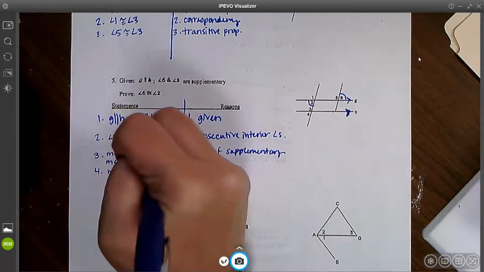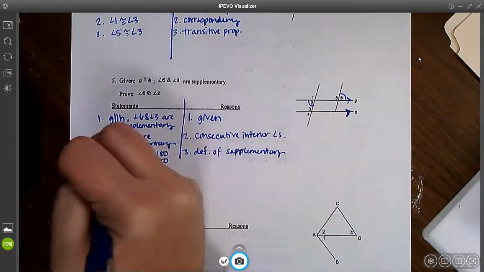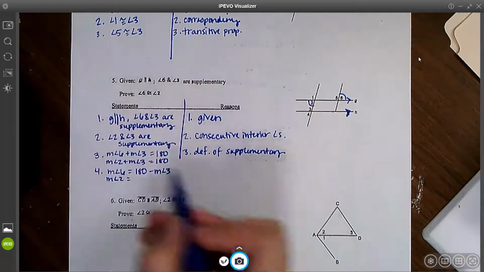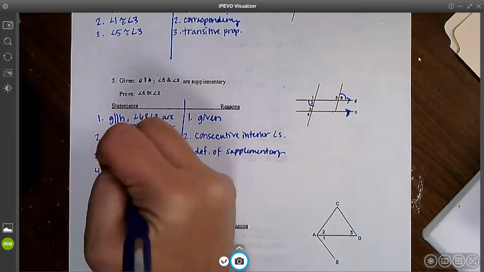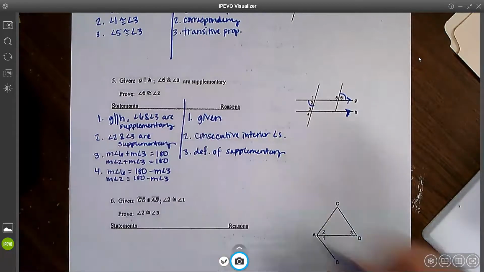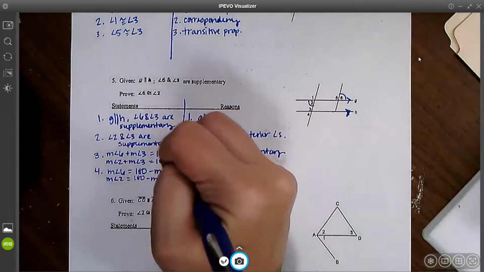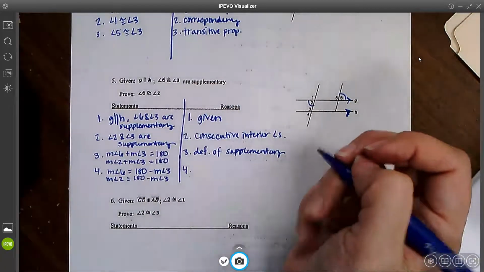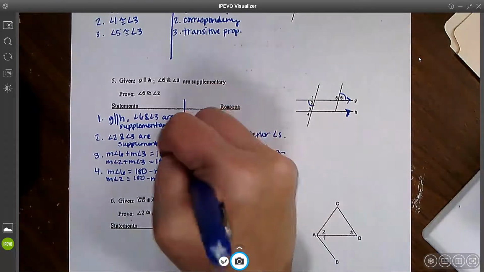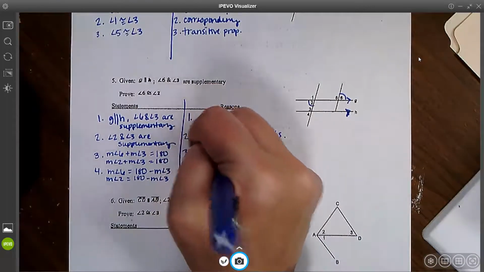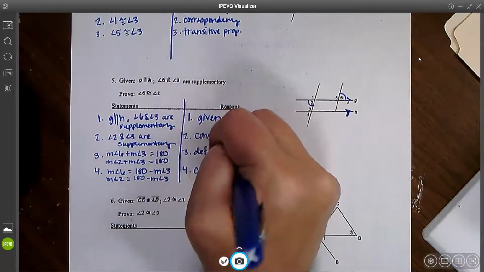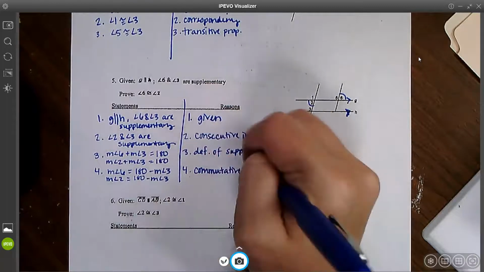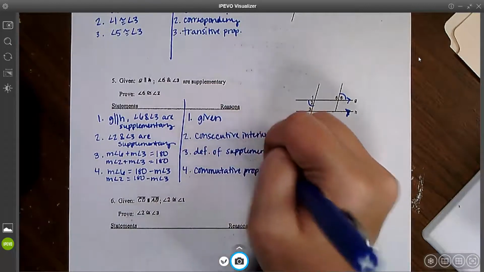This equals 180 minus the measure of angle 3, and the measure of angle 2 is going to do the same thing if you just rearrange your equation. So this is the commutative property, I'm going to say, of addition, subtraction.